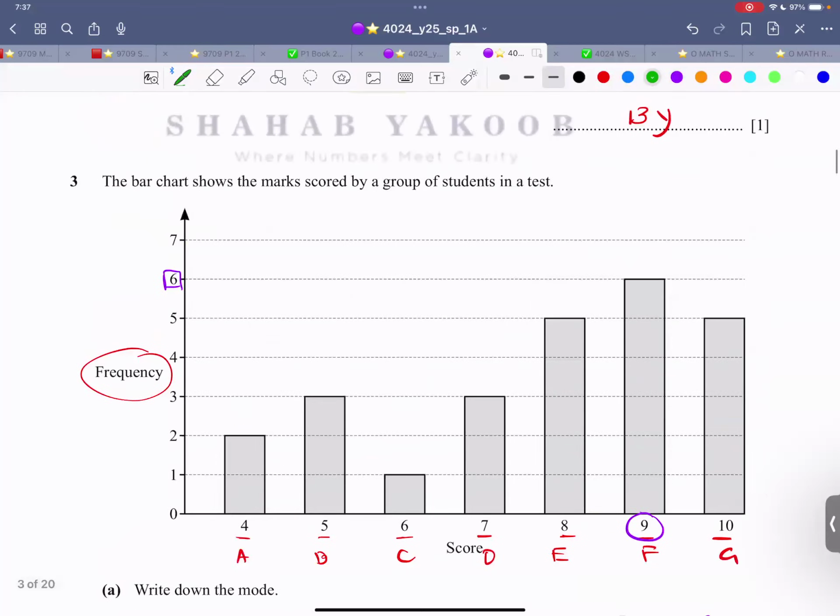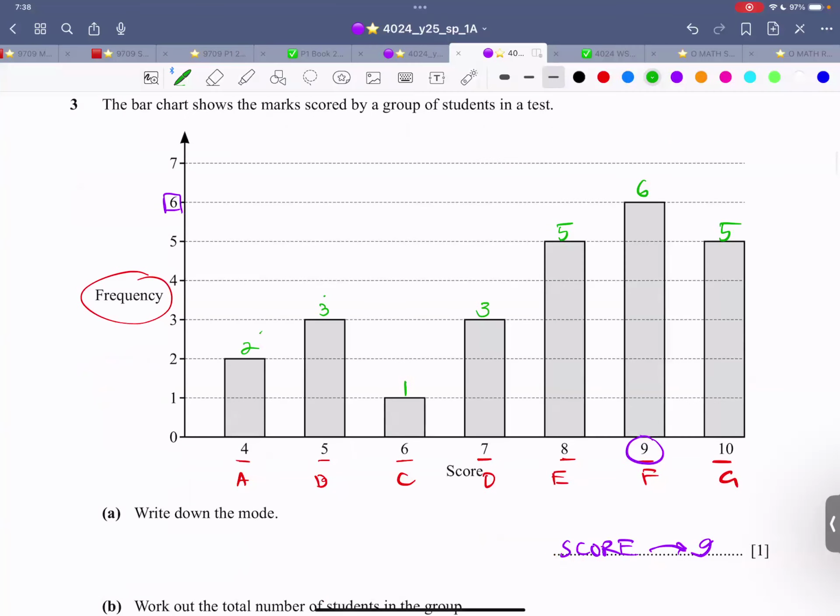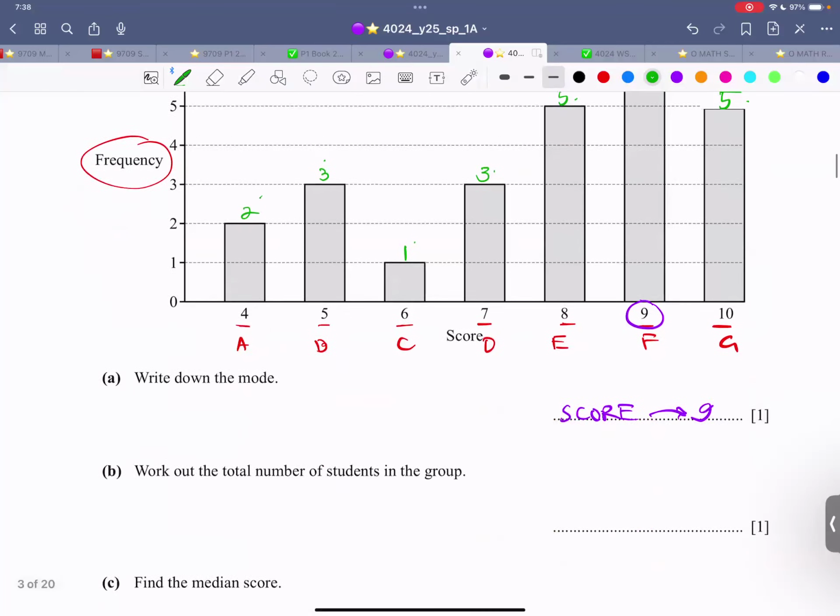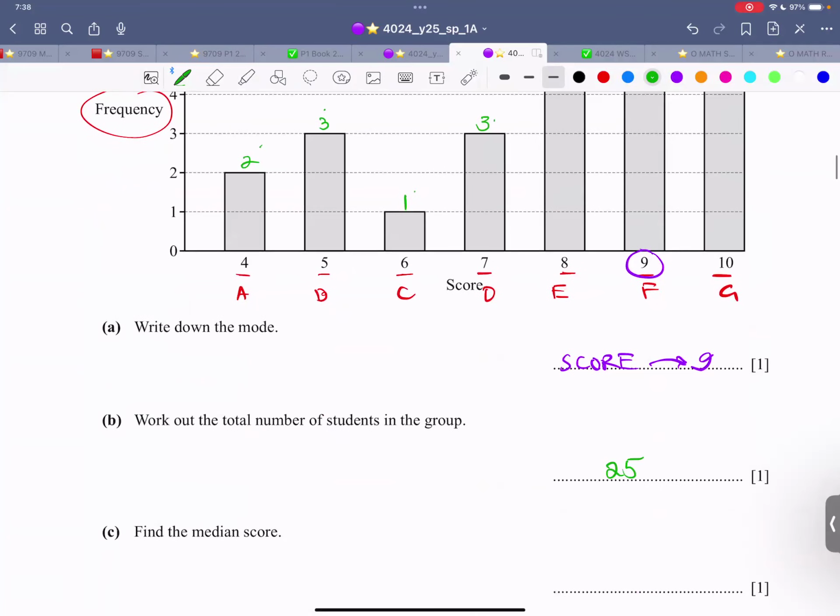So if I add the frequency, this is a 2, this is a 3, this is a 1, this is a 3 again, this is a 5, this is a 6, and this one is 5. So let's add it up. 2 plus 3 is 5. 5 plus 1 is 6. 6 plus 3 is 9. 9 plus 10 is 19. 19 plus 6, this is 25. So there are 25 students in this particular group.